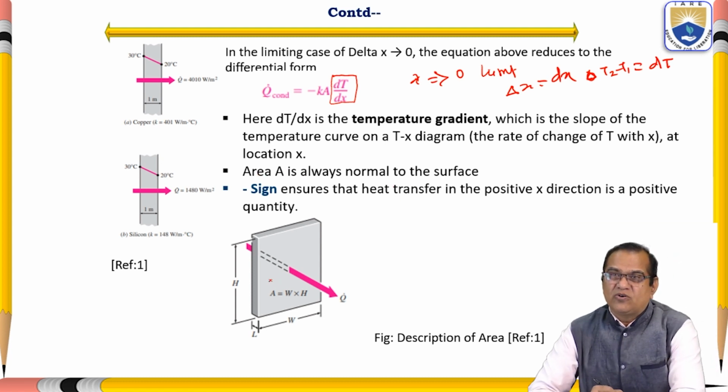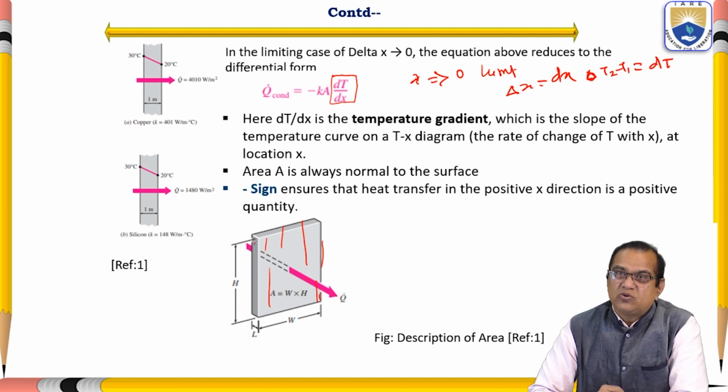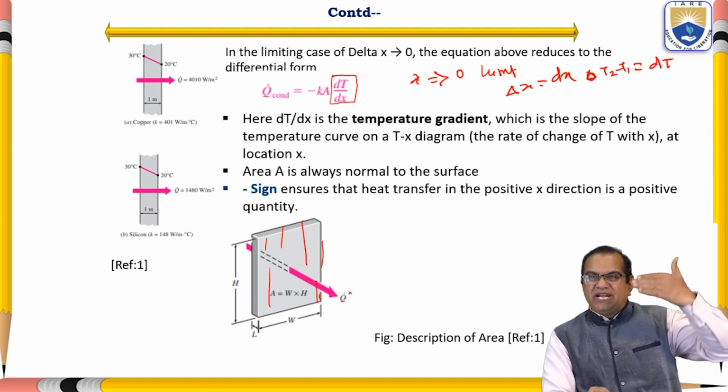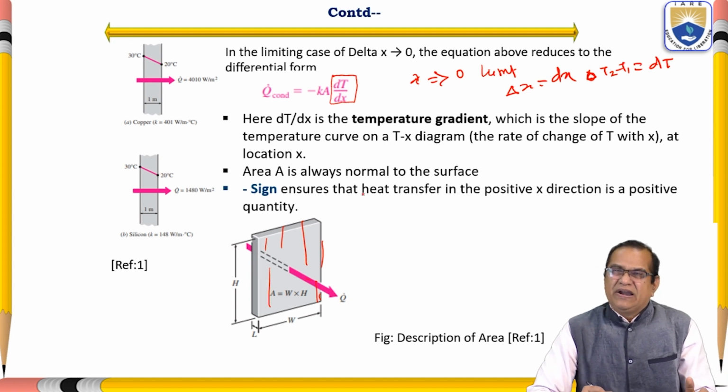If heat is moving in this direction, the area is the width into the height, not the length L. So the area is always taken perpendicular to the direction of heat transfer.